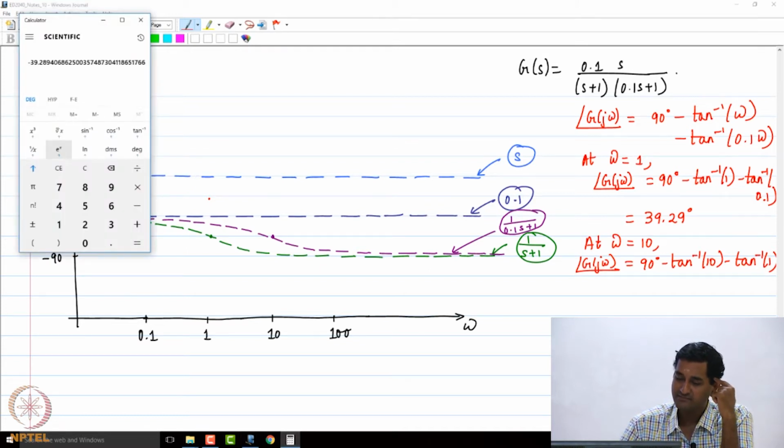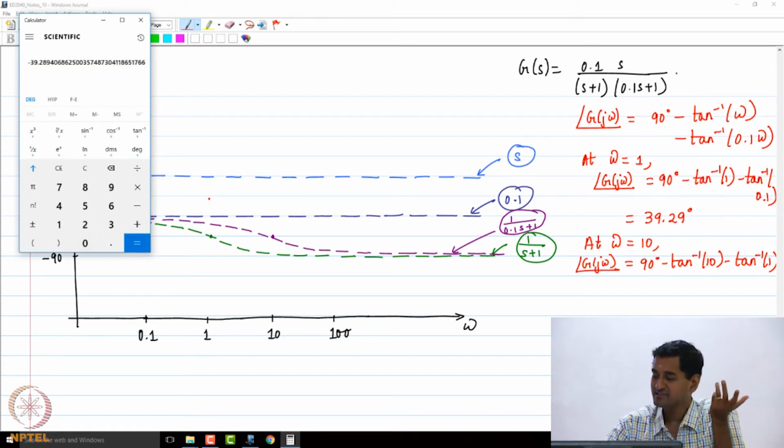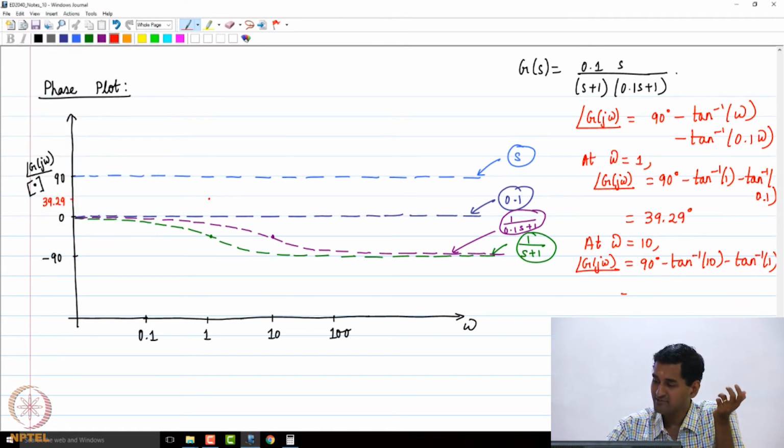Let us calculate tan inverse of 10 and then we will see what happens. So, tan inverse of 10 is this, then I add 45. Then I take the negative of this and then I add 90. So, I am going to get essentially the negative of the same number, I am going to get minus 39.29 degrees, that is what I am going to get, right.